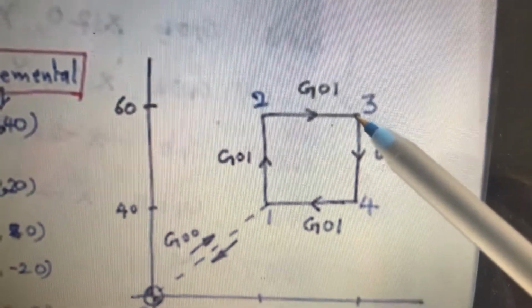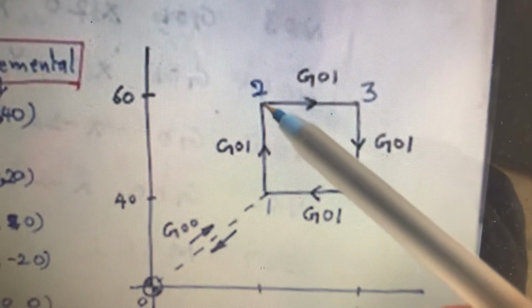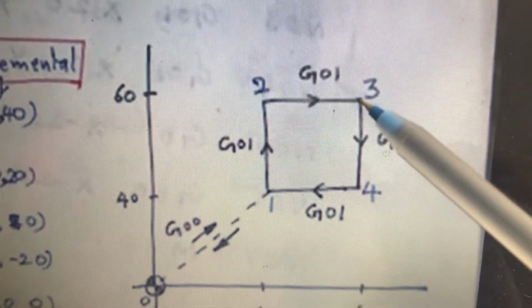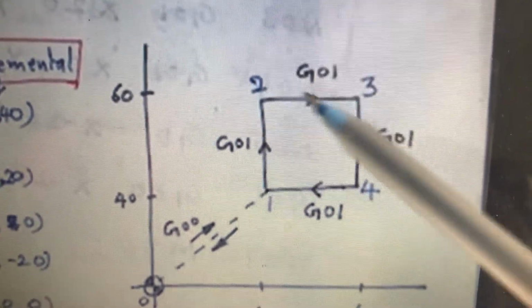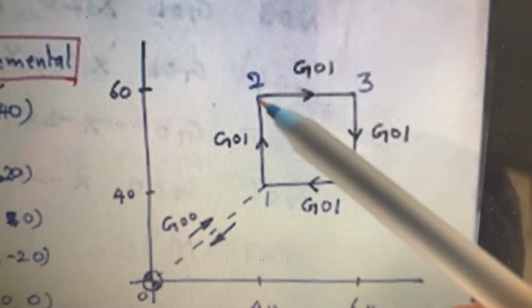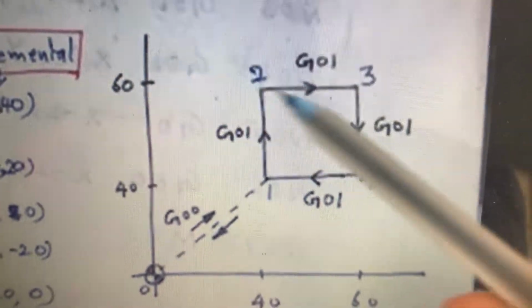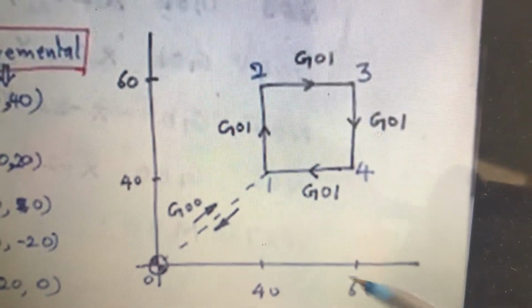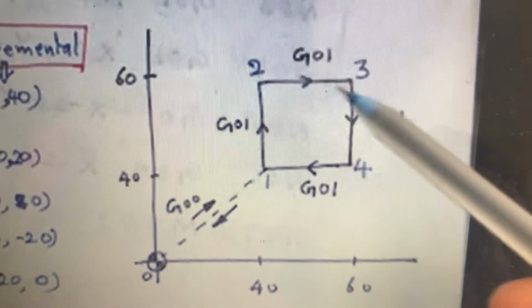So at point number 3, we measure from point number 2. So what is the distance of x in point number 3? As far as incremental position is concerned, from 2 to 3, what is the distance? At 3 it is 60 and at 2 it is 40. So 60 minus 40 is a 20 unit difference.